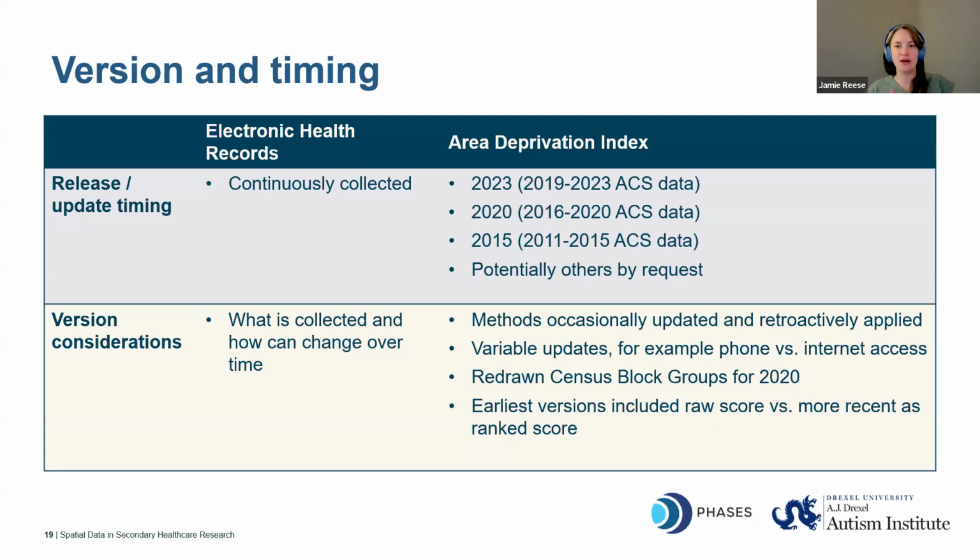So when it comes to connecting it to your work, in a data set like electronic health records, which are collected continuously, you're probably starting, and Dan, feel free to jump in if you need to, but you're probably starting with your research question and saying, this is the window of time that we're going to be looking at. So you have more flexibility on the EHR side than you have on the ADI side. So you just want to make sure that you are in alignment across those two.